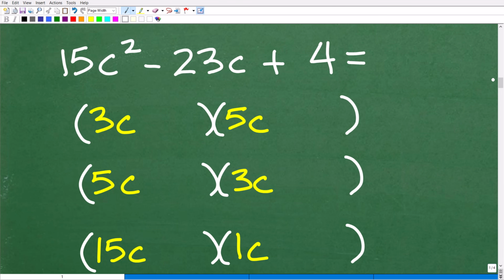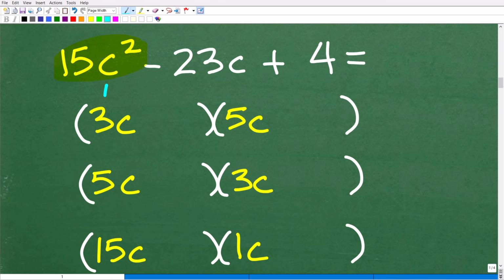This is a whole discussion in and of itself, how to factor quadratic trinomials, something like this. But a lot of you are going to be saying to yourself, all right, I have a trinomial. It's going to factor into two binomials, two things like this, okay? And I'm looking at this 15c squared, and you're looking at different factors of 15c squared.